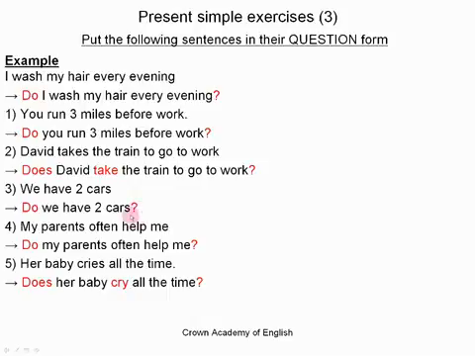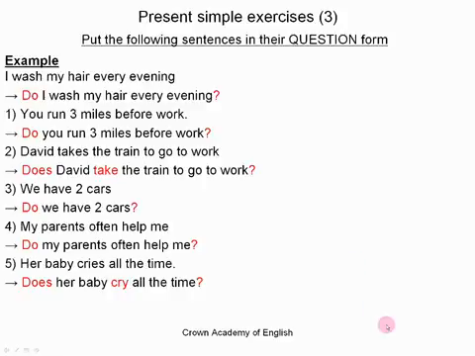And the only exception to that is, as always, the third person singular. For the third person singular, you add the word does to the beginning of the sentence, and then the actual verb itself takes the infinitive form. Okay, so that's all you need to do. So that's the rule.